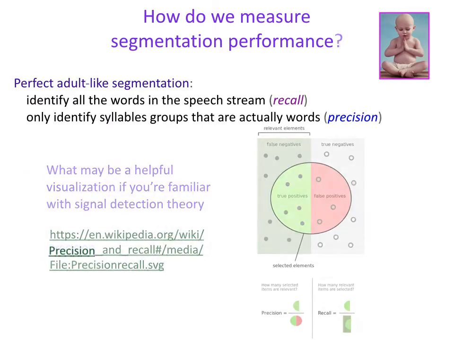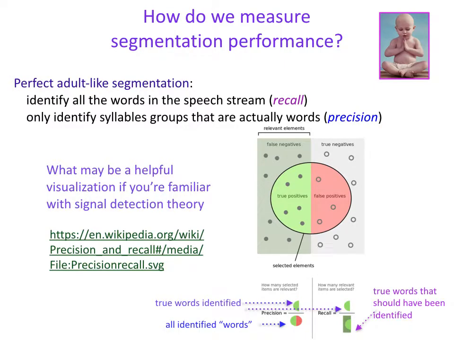And this right here is a little picture which comes from Wikipedia, which may be a helpful visualization if you're familiar with signal detection theory, where you have true positives, which you want, and true negatives, which you also want, and then we have false positives and false negatives. So precision in the speech segmentation world is the true words identified. We're always concerned with the things you should have identified, the true positives.